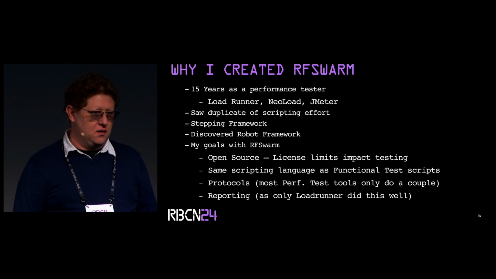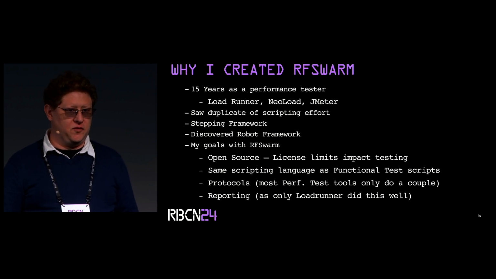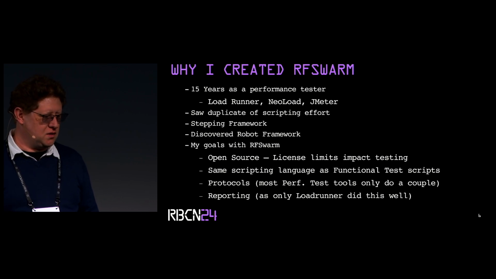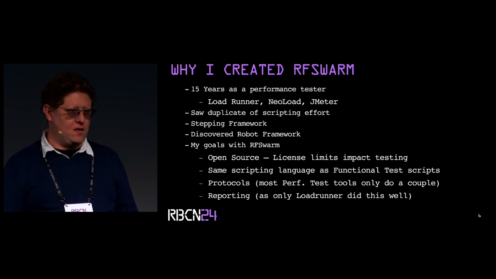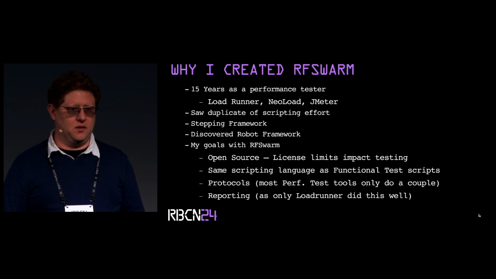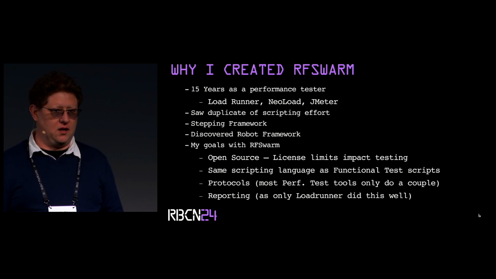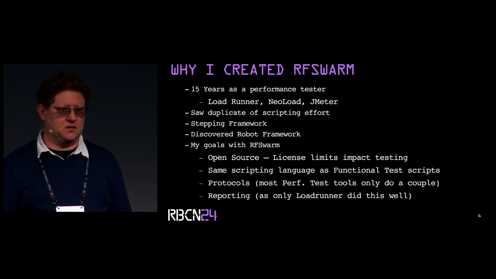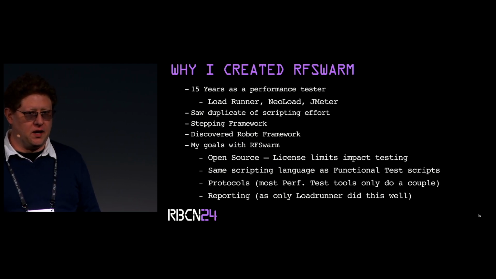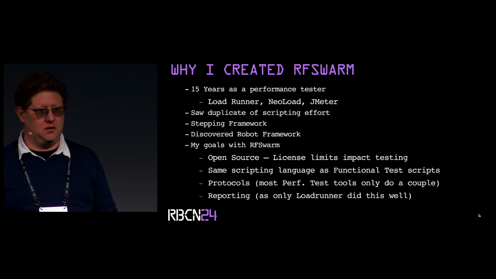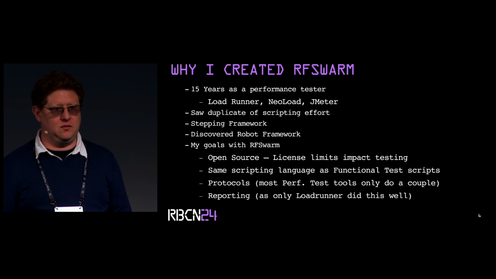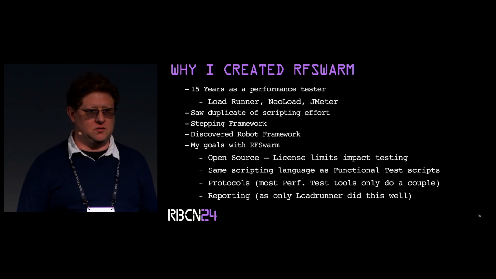With most of the other performance testing tools, they have really limited protocols on what they can actually do. So one of the things that I always wanted with a performance test tool is to actually have access to test a lot more applications, because a lot of the time I would go into a customer site and they'd want me to do performance testing, but their application would have these weird protocols that no one knew how to deal with and none of the performance testing tools could do.